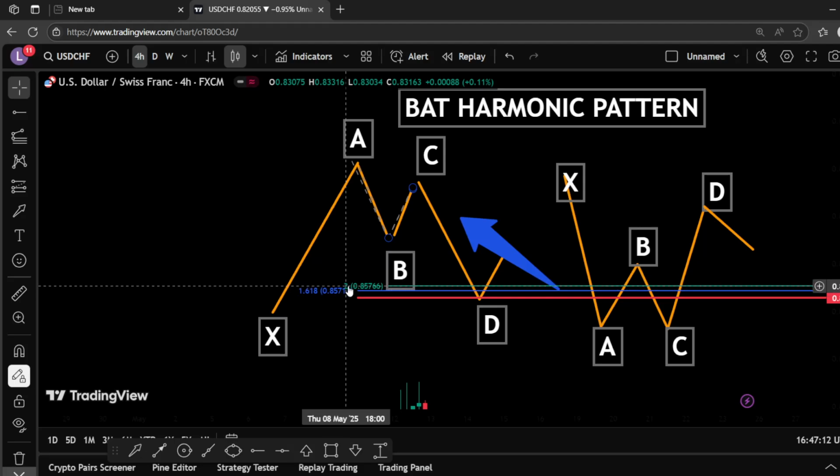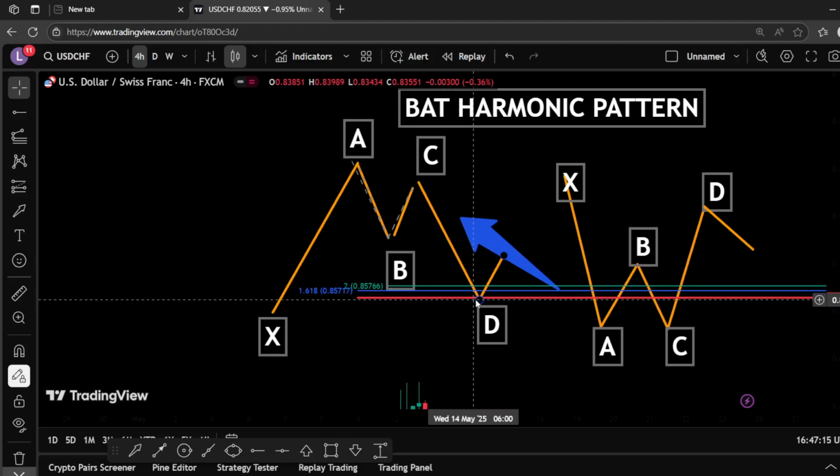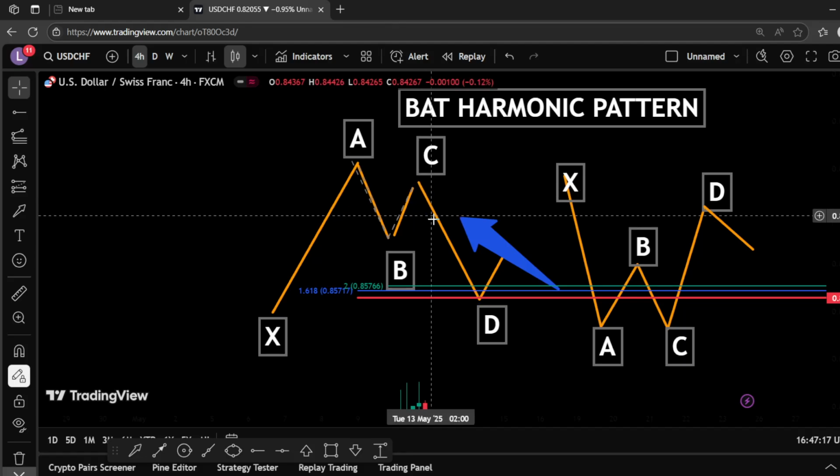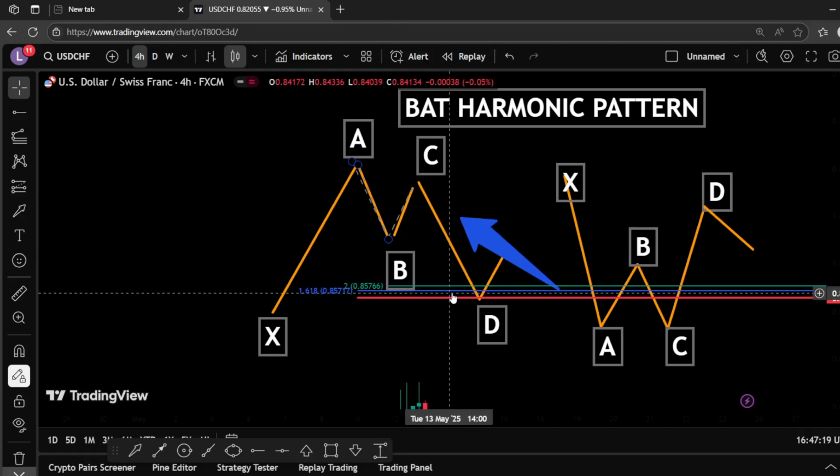You need this CD leg to touch all these three numbers before you consider taking your trade.